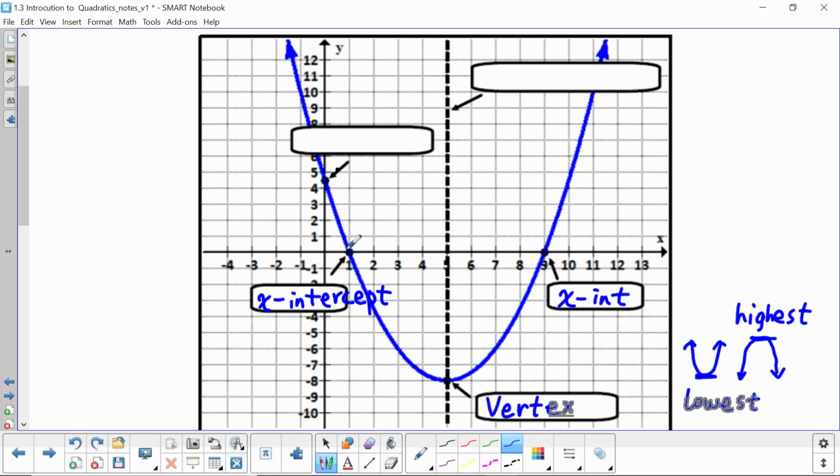So we call the point of intersection with the x-axis the x-intercept. And we do have another point of intersection, that is where it intersects with the y-axis. So this is the y-axis. The point where the parabola intersects with the y-axis, we call this one the y-intercept.